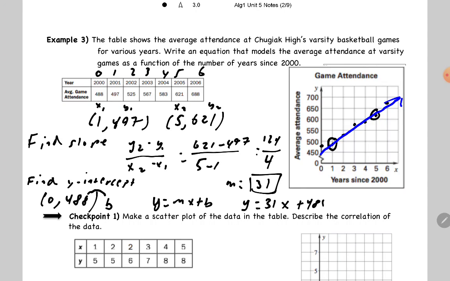plus 488. Okay? And the reason why we create these equations is to somewhat predict the future based on our data. So I could calculate the attendance in 10 years or 11 years. It seems to be going up by 31 each year.